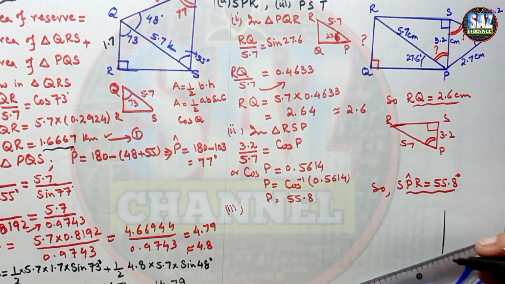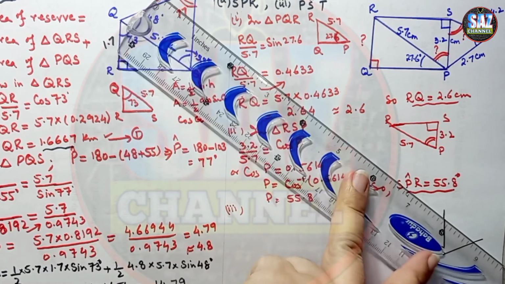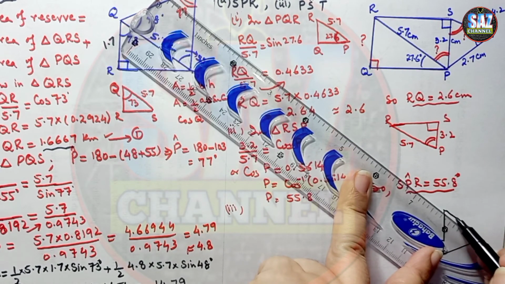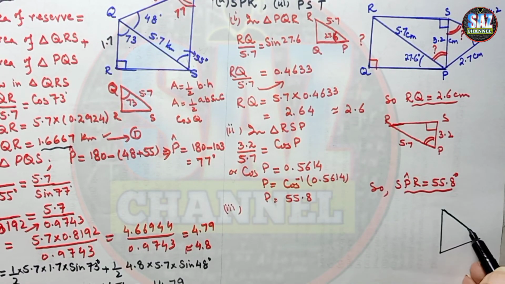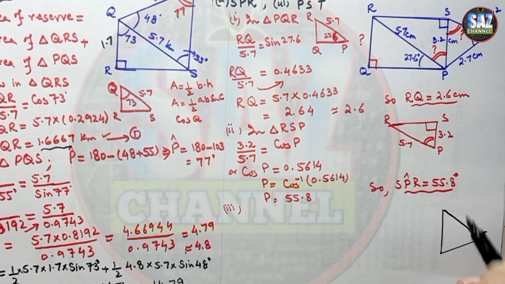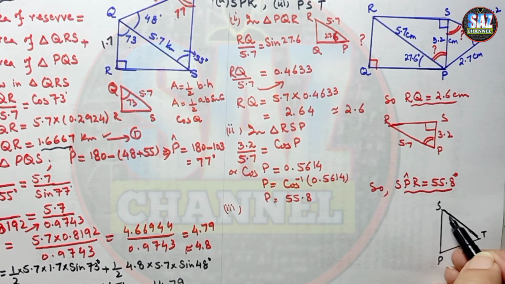Always make rough sketches and small diagrams. In this way, the examiner can understand your working easily. This is T, and this is S, and this is P, and this angle is the requirement of the question.